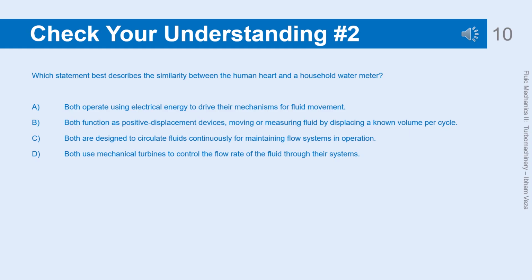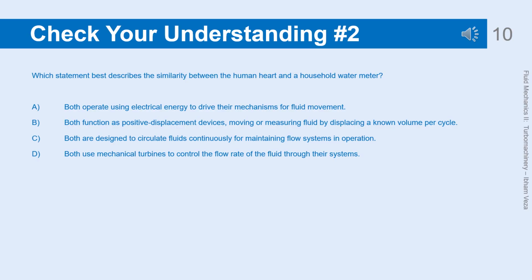Correct answer, B. Both function as positive displacement devices, moving or measuring fluid by displacing a known volume per cycle. Explanation of incorrect options. Option A. The heart operates using biological energy, not electrical energy, and water meters typically use fluid motion to drive their mechanisms rather than external electricity.